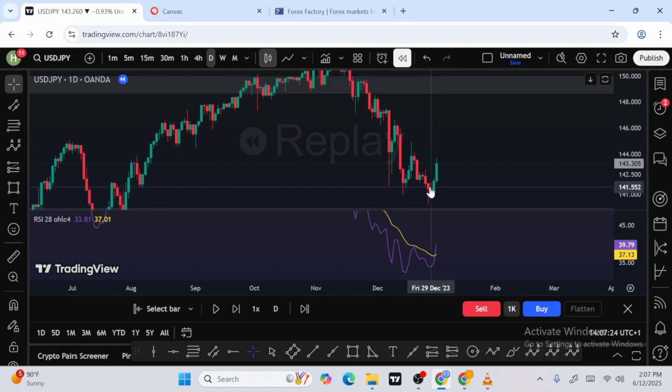Do you get it now? That's a rejection. And do you see the similarity? Now this is the what? This is the liquidity of this candle. Is that not so?